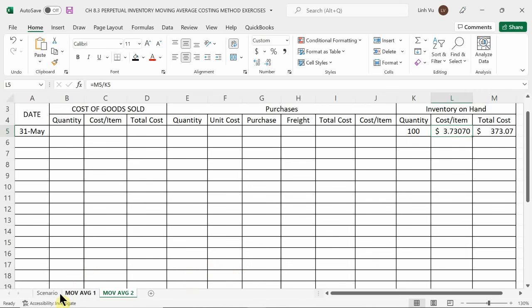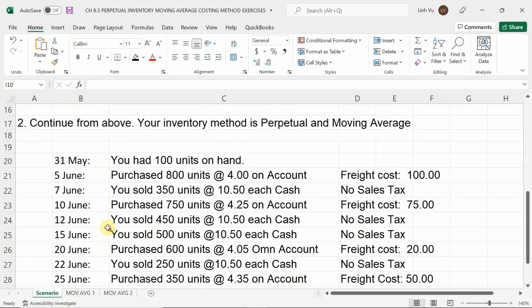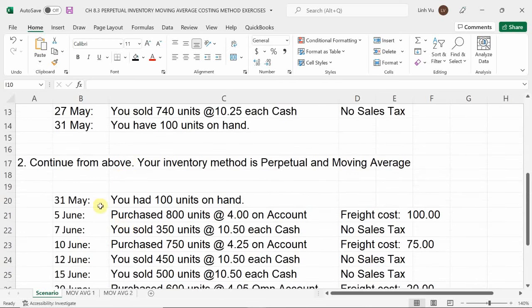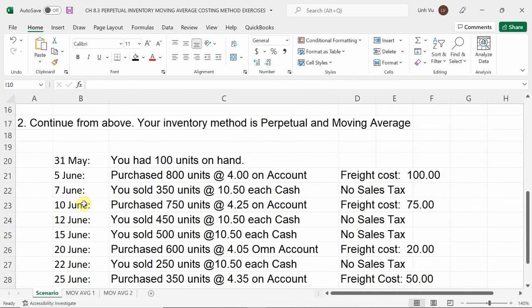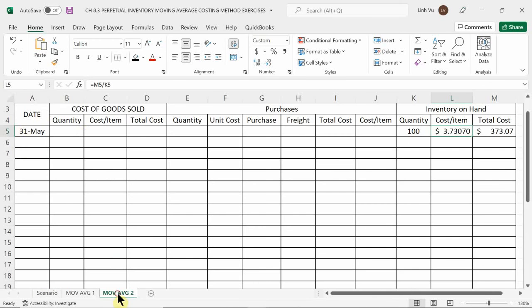Okay. So let's go ahead and see what happened next. Here it says we end up purchasing 800 units at $4 each with a freight of 100. On June 5th, we purchased 800 units at $4 each with a freight of 100.